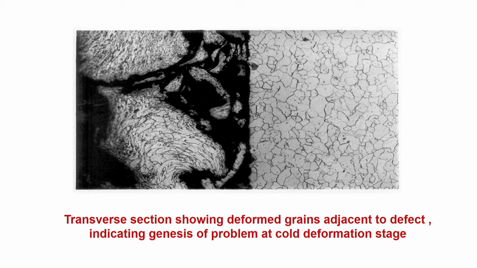This indicates that too much deformation in the cold rolling stage has created this defect, either due to lack of lubrication, or lubrication was not proper, or the deformation level was quite high. So, this is the cause.